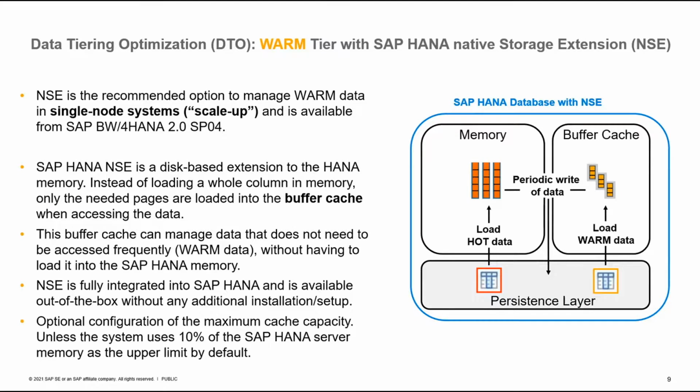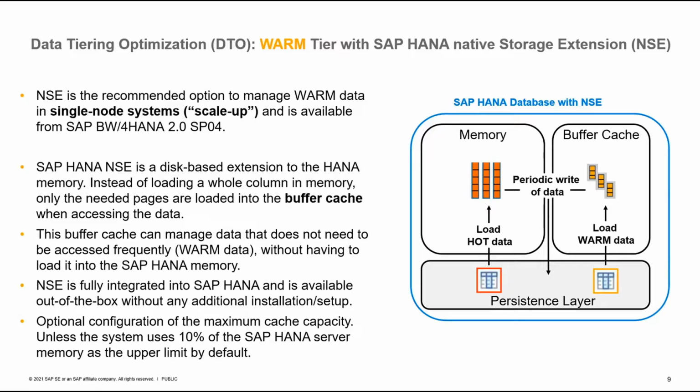The warm tier with the SAP HANA native storage extension, or NSE, is quite a new technology, and it's recommended for single node systems and available since 2020 for BW for HANA. What is a single node system? A system architecture can consist of several smaller nodes which work together and are managed by a master node, or you can have one big server which manages everything in one place.